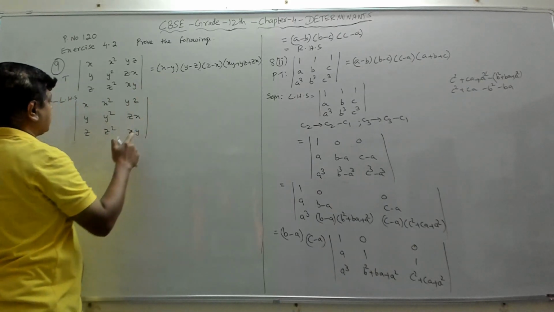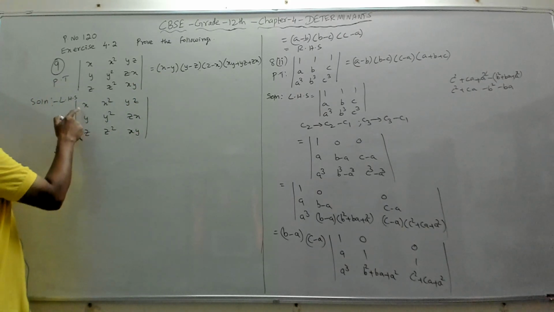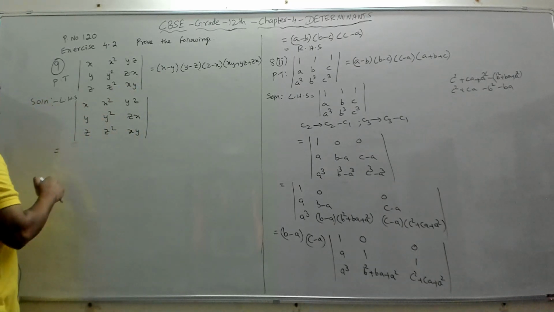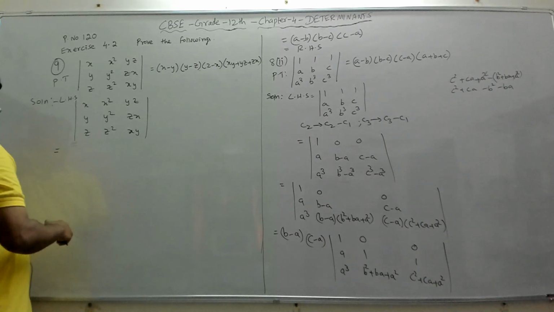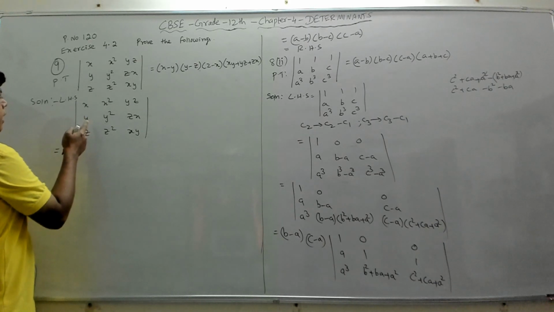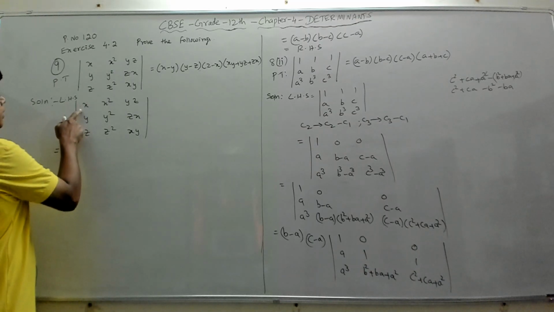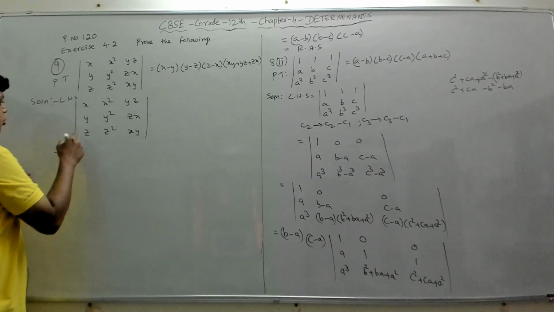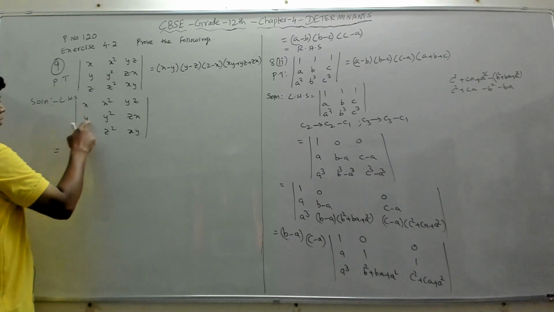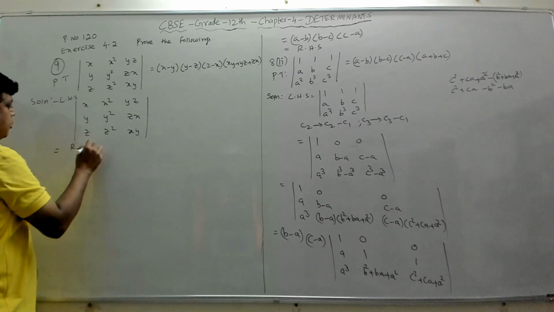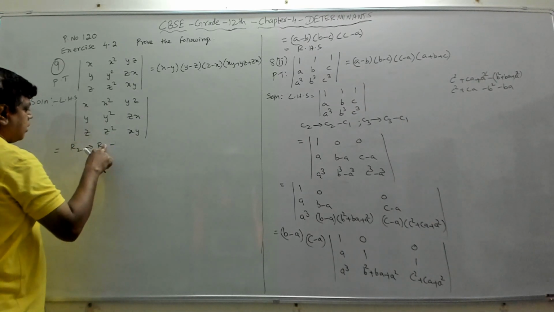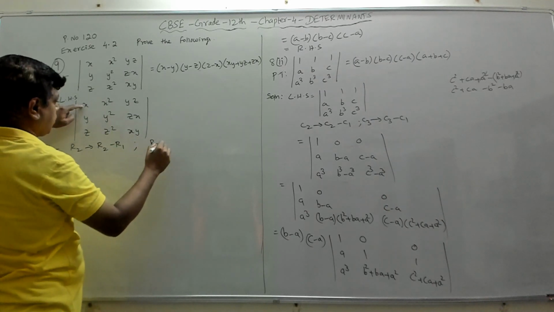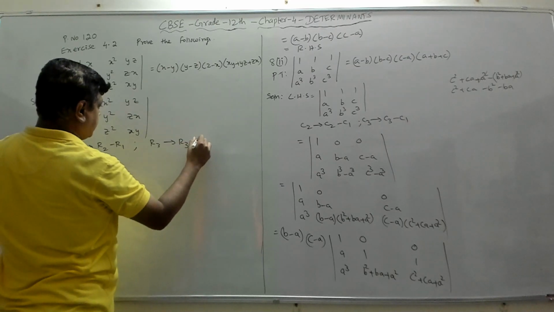So let's try to check the condition. You need x minus y. So if I subtract these two, I'll get y minus x. Y minus x is also okay, because I can always change y minus x as x minus y. So also we can have z minus x here. This minus this, z square minus x square. So if I do this minus this, so this is second row, this is first row. If I apply R2 as R2 minus R1, and R3 as R3 minus R1, right?